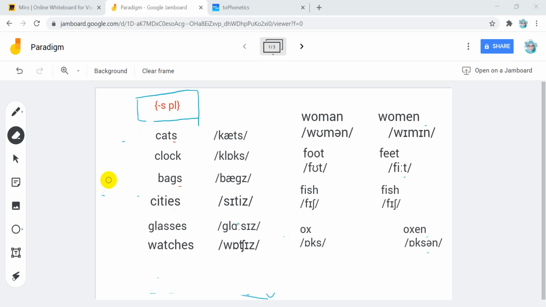Okay, here I have a list of the words ending with S to mark the plural form. The first ones are the words cats and clocks.